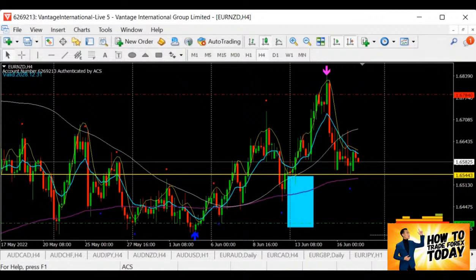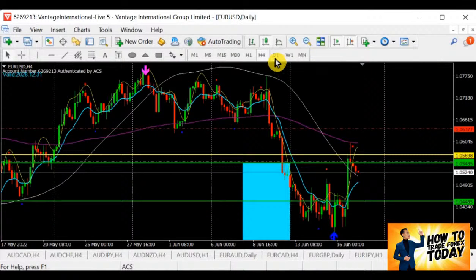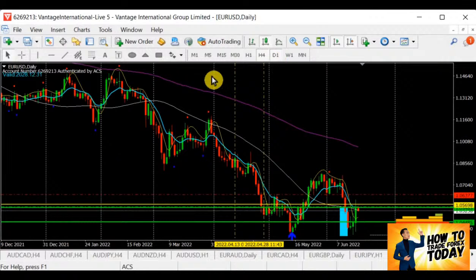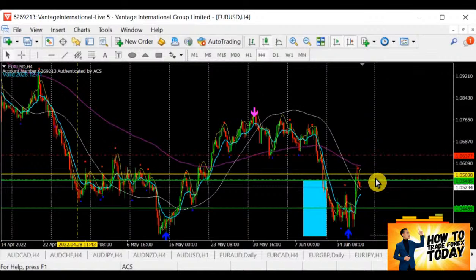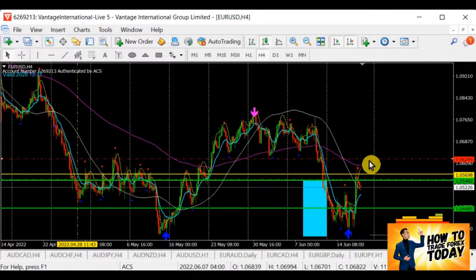All right, so euro dollar. Let's take a look at euro dollar over here. Looking good, now we are still selling. We are still in the bear. So right now for euro dollar, let's take a look where the support and the resistance are. As we can see, the resistance, one wave down here, another wave down.